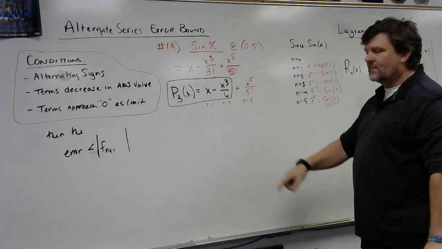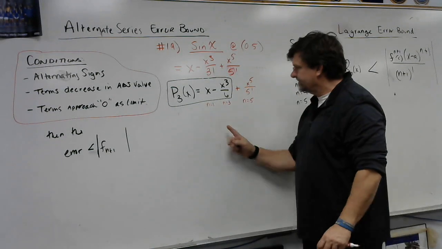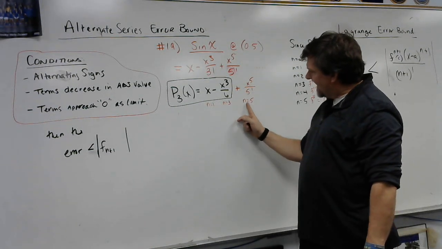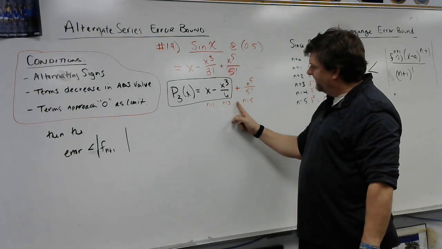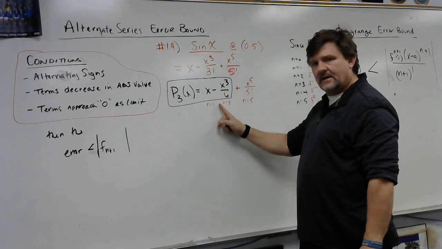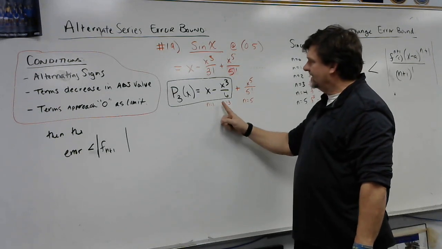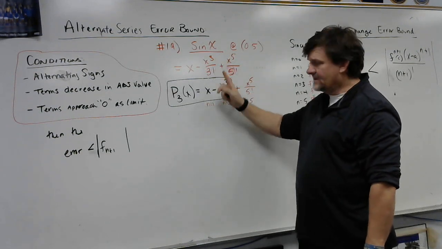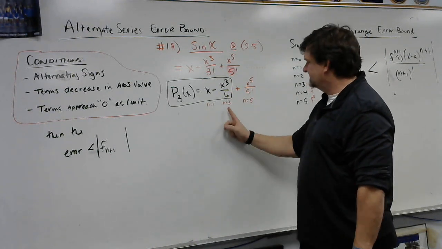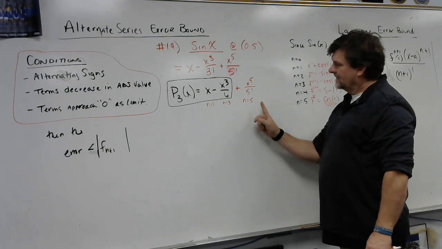Now what we've got to remember is that the next available term is 5, because 3 and 4, the even ones are skipped when it comes to sine. If we had cosine here, the odd ones would be skipped. So we've got to know that the next available term is this one here.